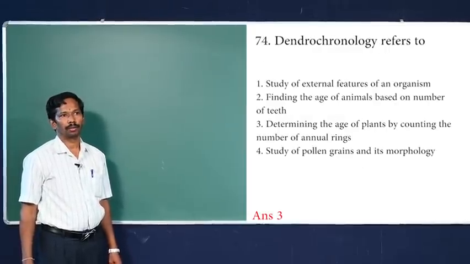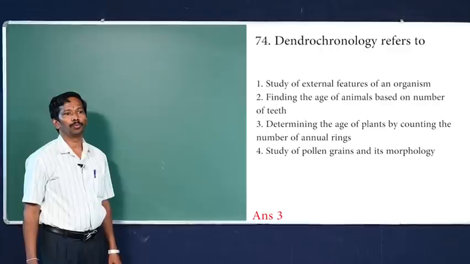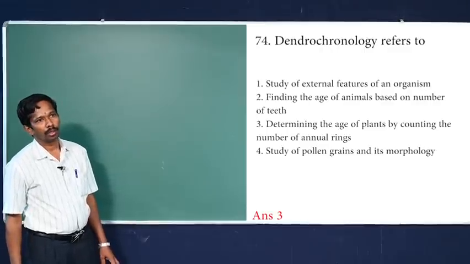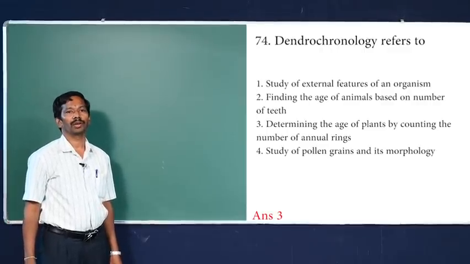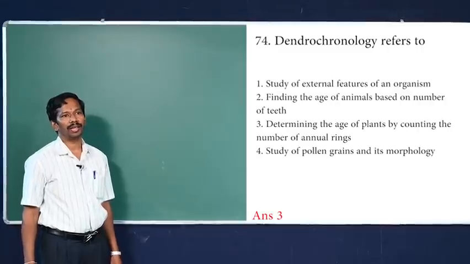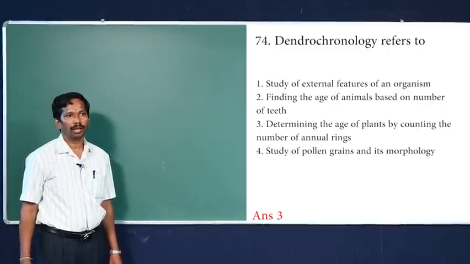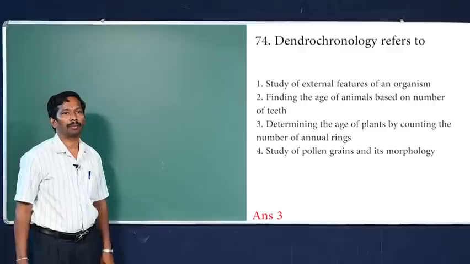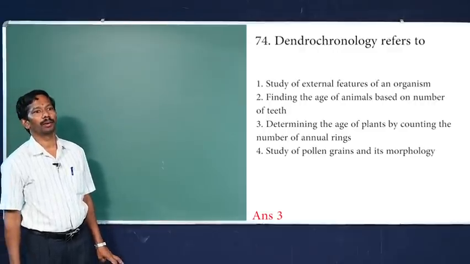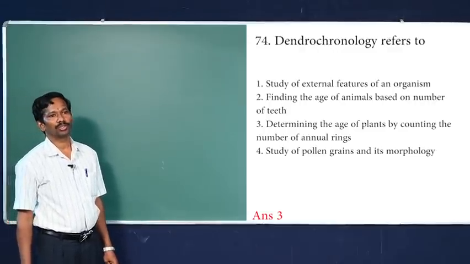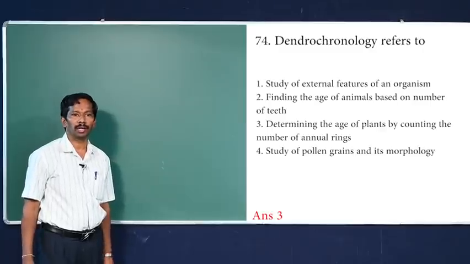74. Dendrochronology refers to the study of external features of an organism. Second option, finding the age of animals based on number of teeth. Third option, determining age of plants by counting the number of annual rings. And fourth option, study of pollen grains and its morphology.